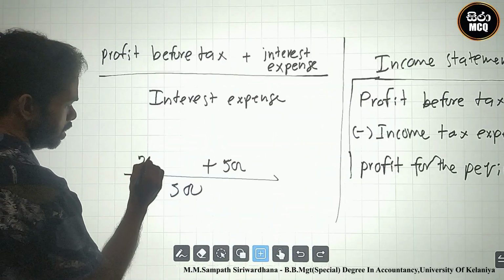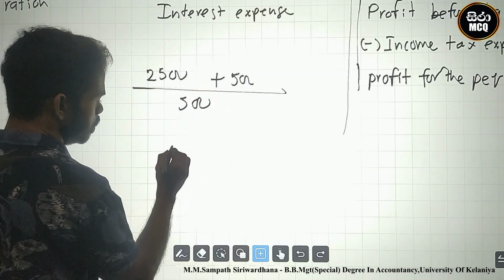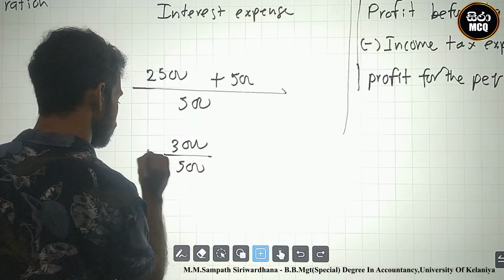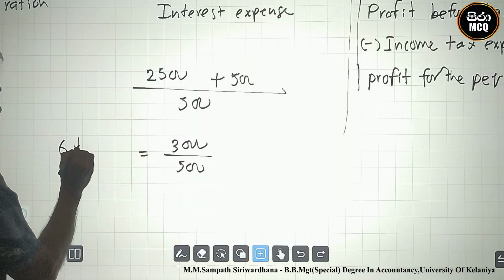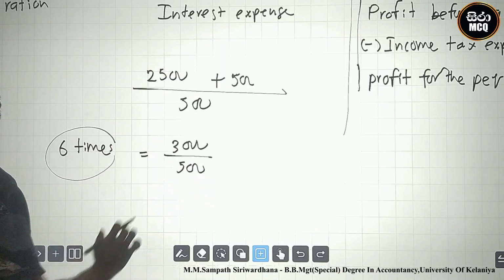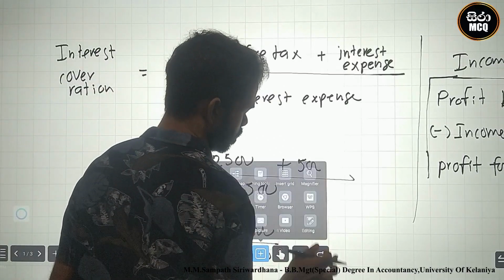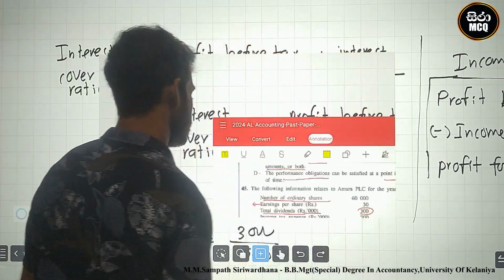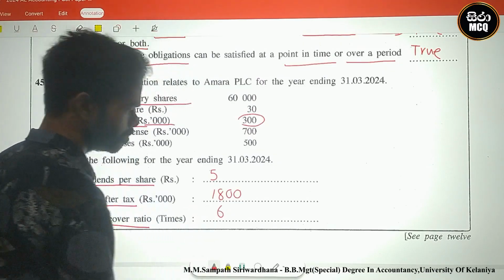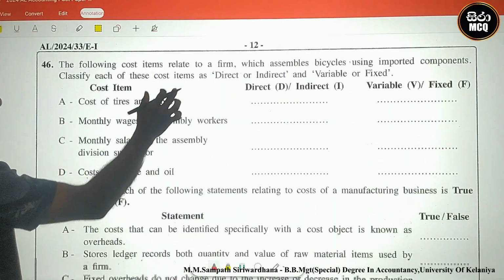Applying it: 2500 plus 500 is 3000, divided by 500. The answer is 6 times. Interest cover ratio is 6 times. This is the answer for question number 45.